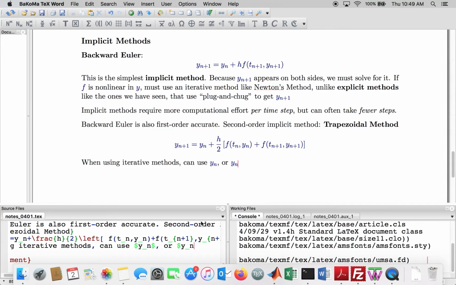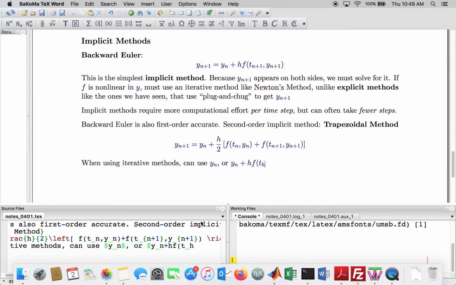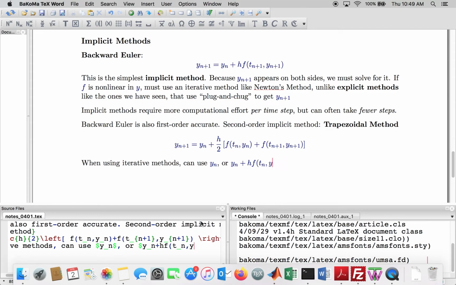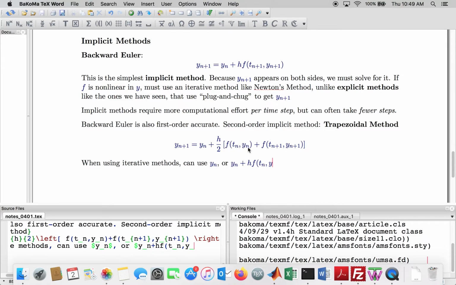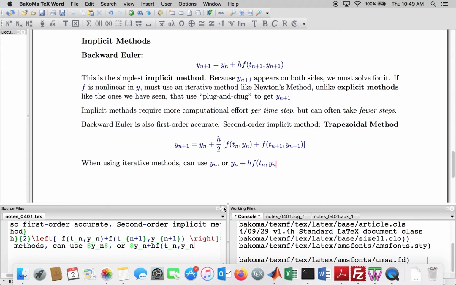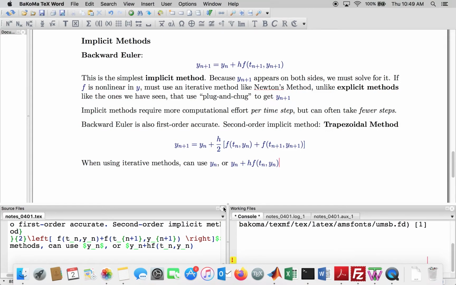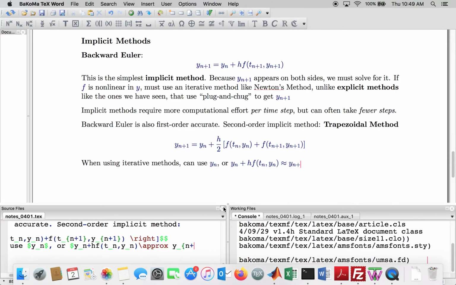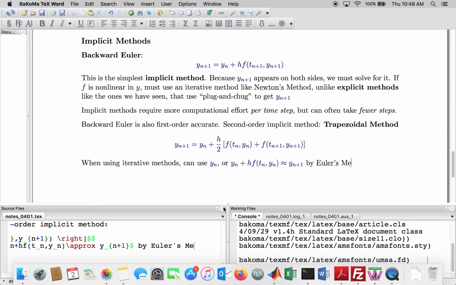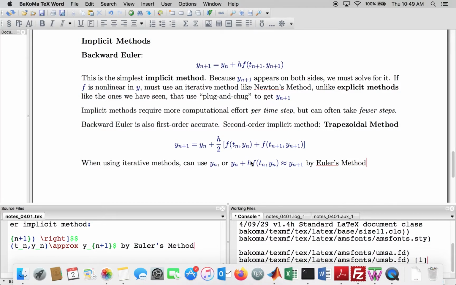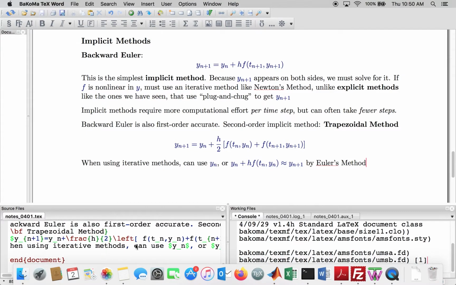Or, for the trapezoidal method, for instance, we have to compute the Euler's method approximation anyway as part of the method, so we could use it as the initial guess for yn plus 1.